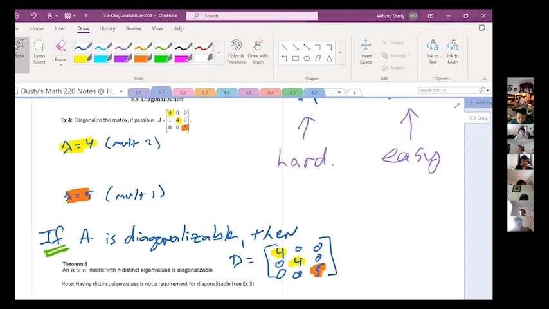So in this case, how many linearly independent eigenvectors do I need for this to work? From many of you, I need 3.